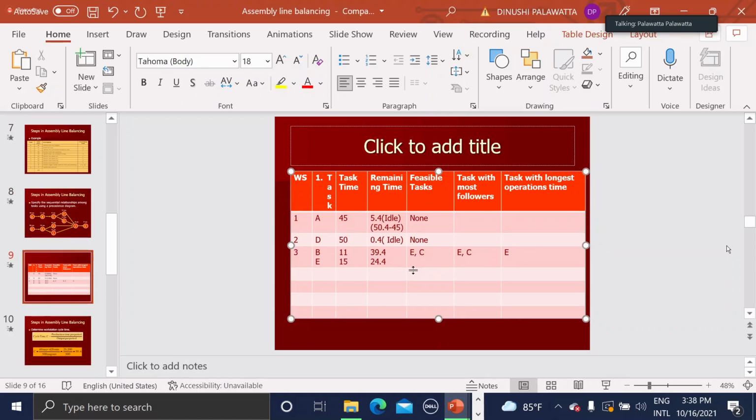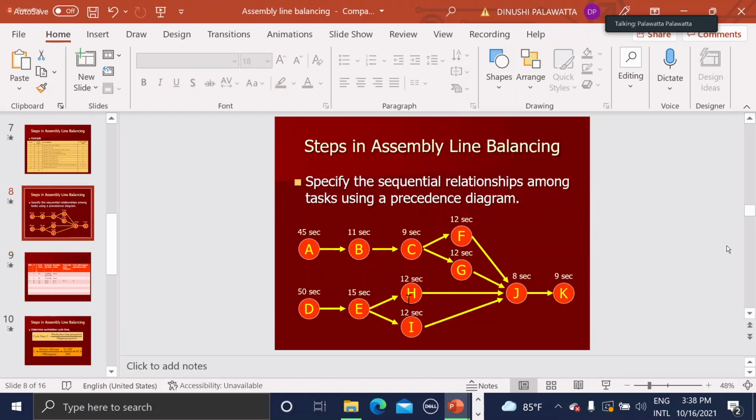And after E is allocated, feasible tasks are C, H, and I. C is feasible, H is feasible, I is also feasible.